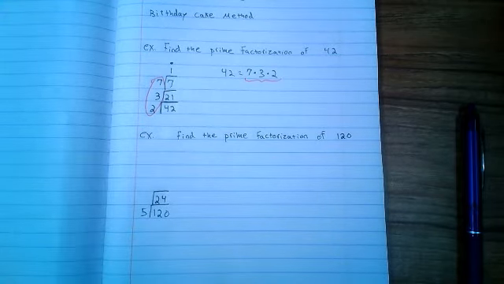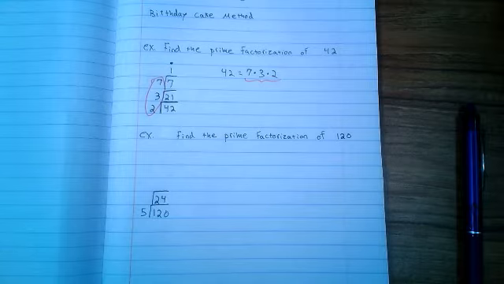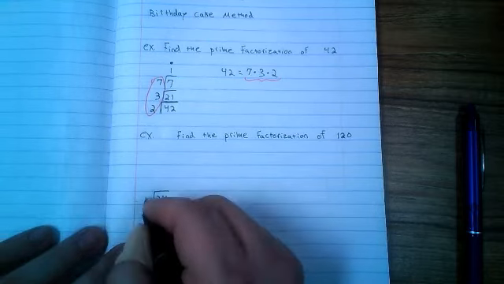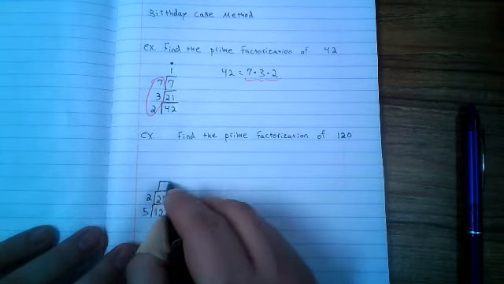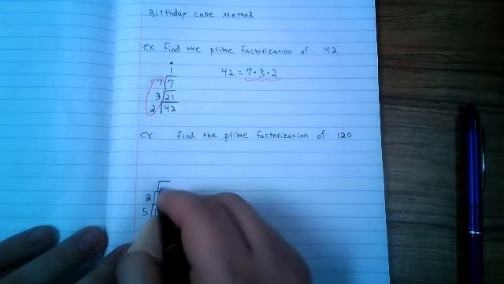Now, what's another prime number that goes into 24? So you might be thinking, well, 6 goes into 24, but 6 isn't prime. 4, but 4 is not prime. But it is even, so 2 is always going to work. And 2 goes into 24 12 times.